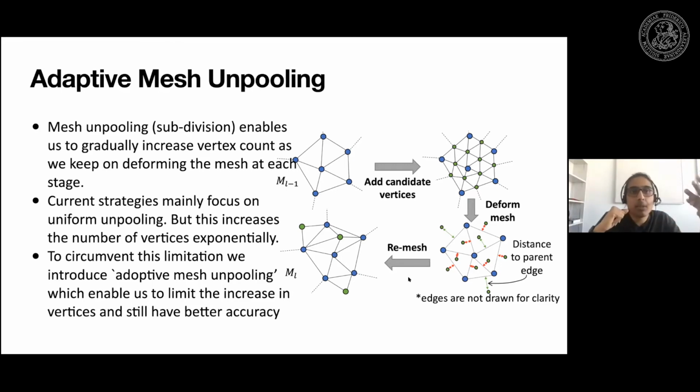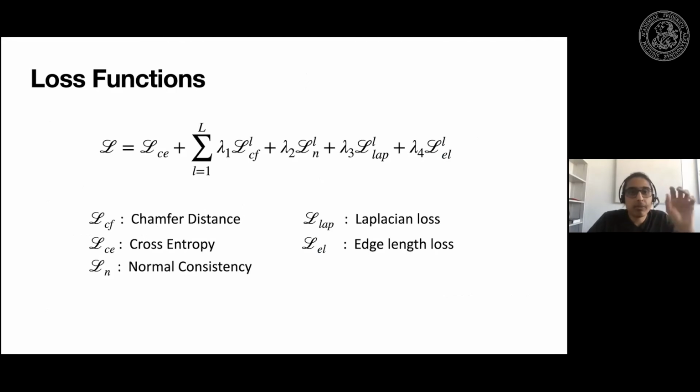So these are the main three modules in the Voxel2Mesh architecture. Now I go to the final bit of detail, the loss function. Without it, it's not complete, but it's the same as in the Pixel2Mesh architecture. It's nothing new. We have the chamfer loss, normal loss, normal consistency loss, Laplacian loss, edge length loss.